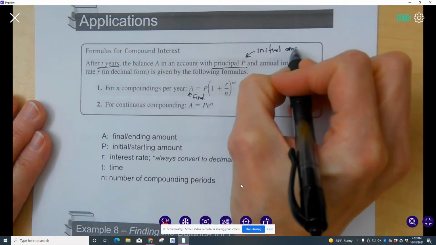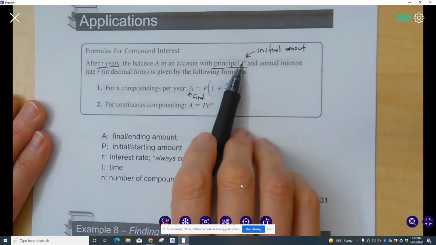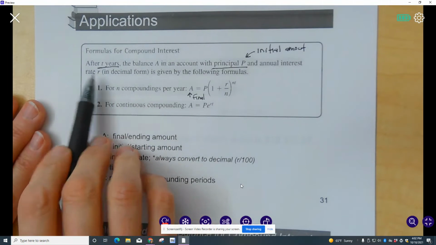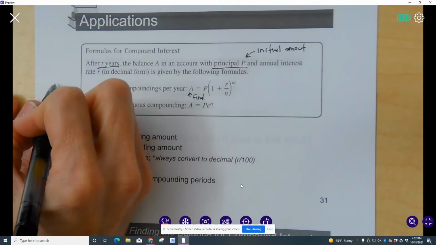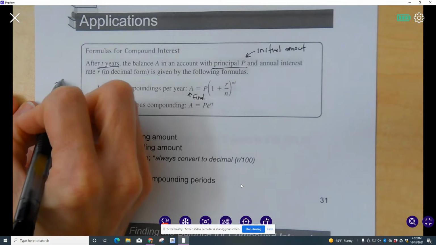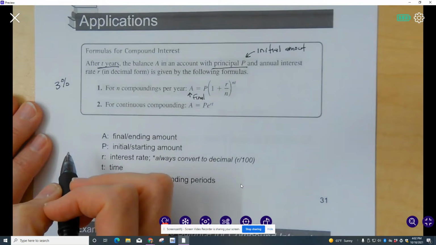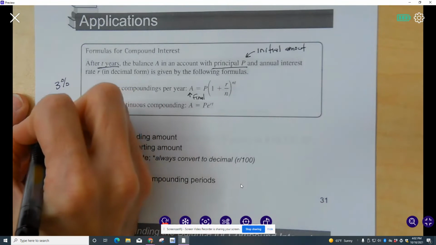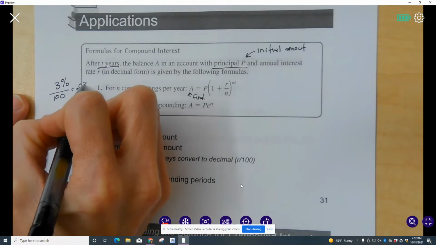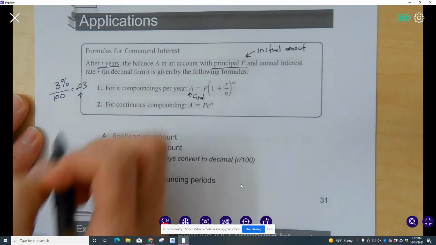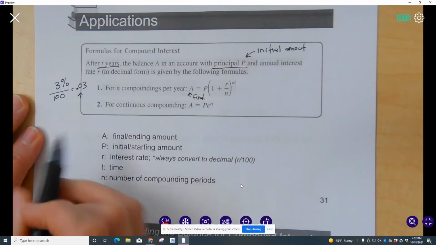So this is how much money you put in the bank to start. The interest rate is r. Notice this says in decimal form. So if you're given 3%, we want to divide that by 100, and we have to plug in the decimal equivalent into our formula.